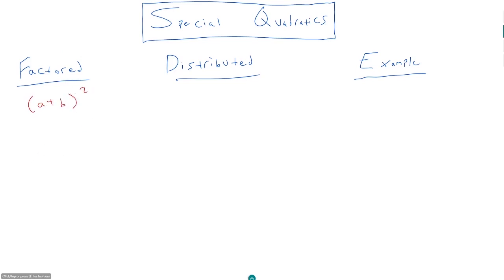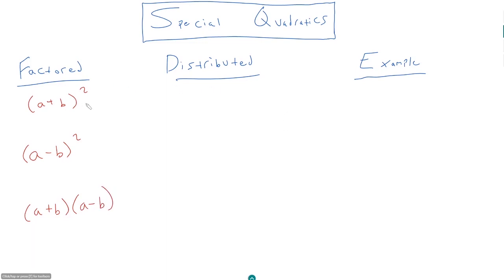And then we have a minus b all squared. And our last one is our difference of squares, which is a plus b times a minus b. We'll see why this is called a difference of squares in a second. And so these are our factored forms.